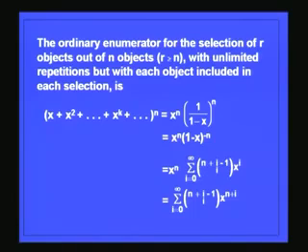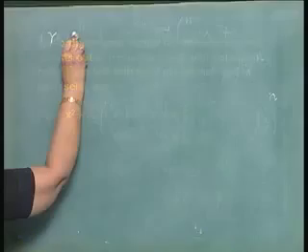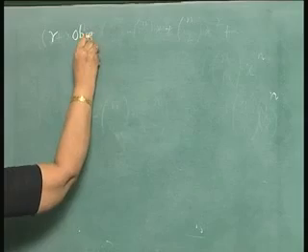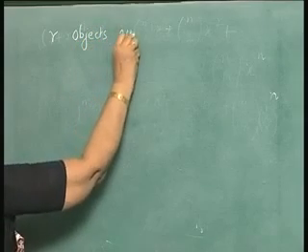So you are selecting r objects out of n objects. What is the expression for this? This we know is C(n plus r minus 1, r).